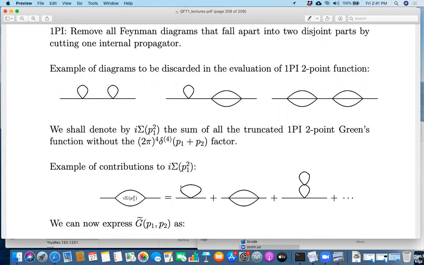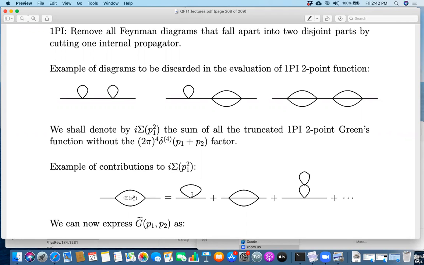Okay, so let's look at this expression. What is the contribution to i sigma of p1 squared? There is a loop momentum L flowing in this loop, so there will be the integral d^4 L over (2 pi)^4. And there is a propagator i over minus L squared minus m squared plus i epsilon. That's the propagator, where L is the momentum flowing in this loop.